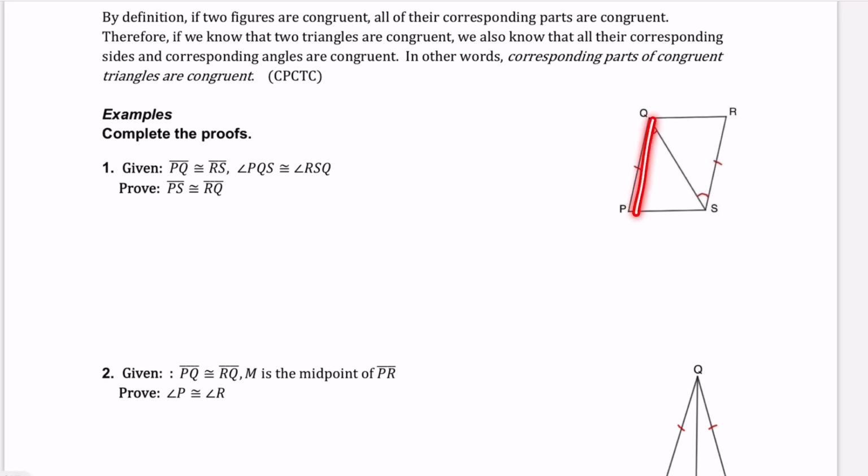We have two sides that are the same. We have an angle that's the same, and then I see this reflexive line down the center. And so these two triangles will be the same because we have two sides and an angle in between. So this would be side, angle, side congruency. So let's go ahead and write why these triangles are the same.